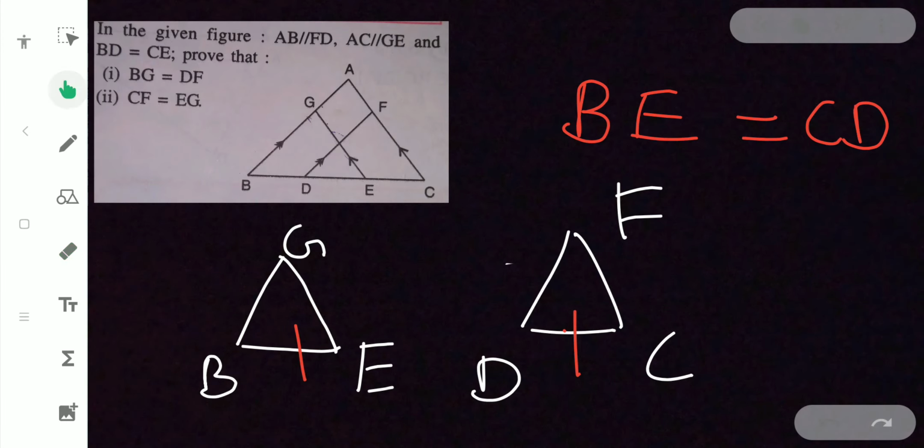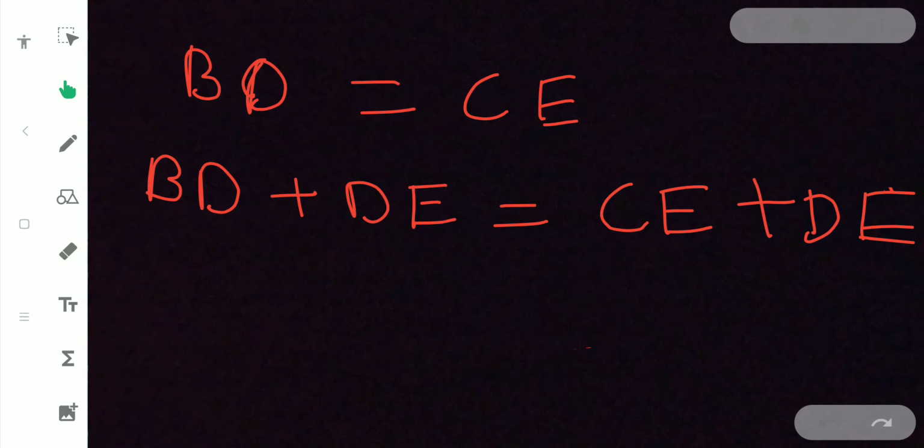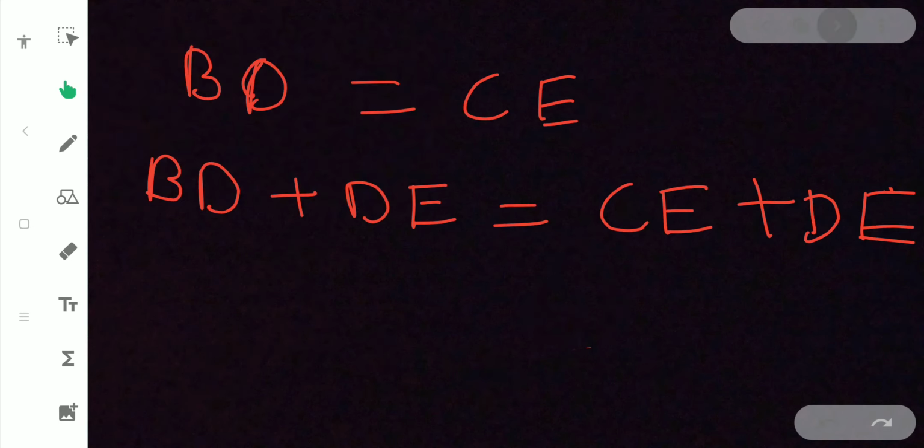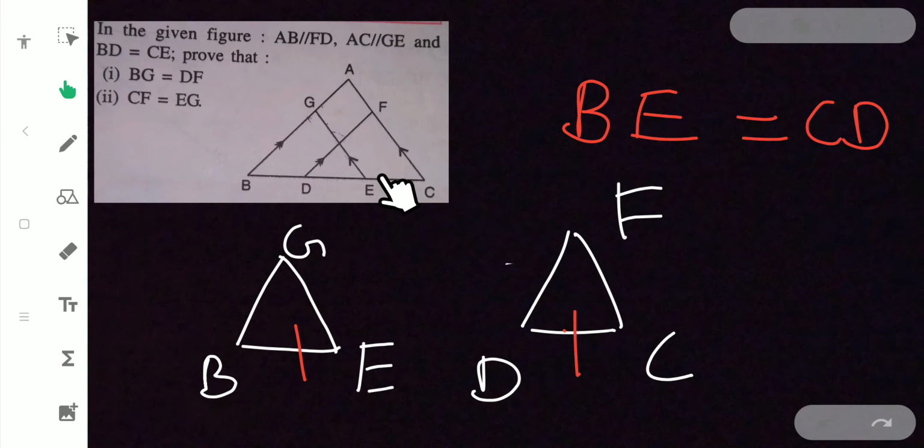So here you can see BD plus DE, I am having BE, and CE plus DE. DE plus CE is nothing but CD.